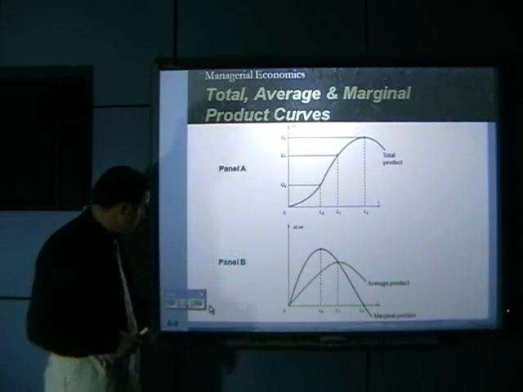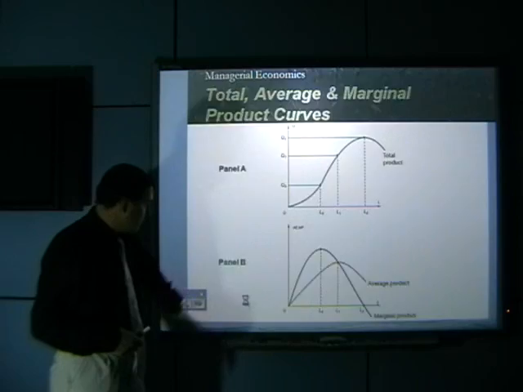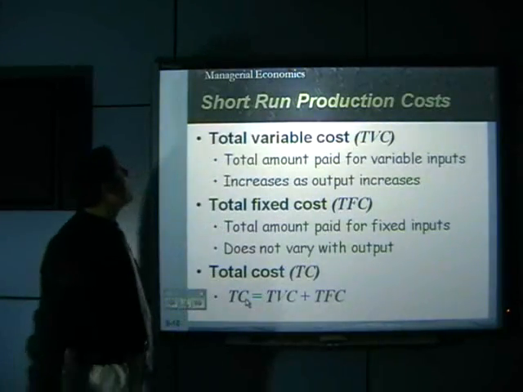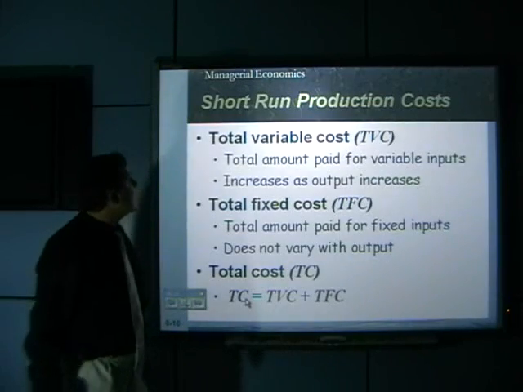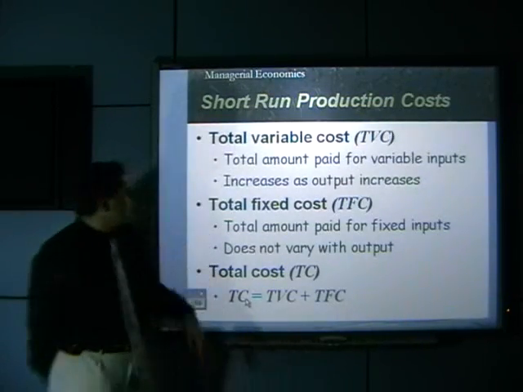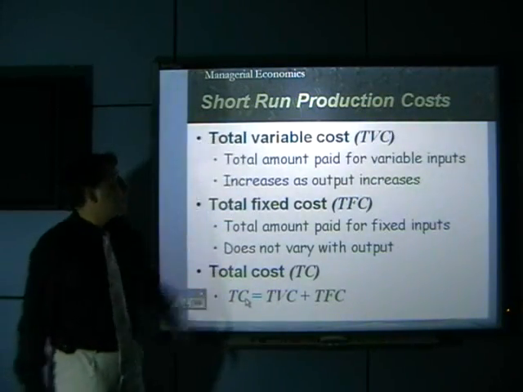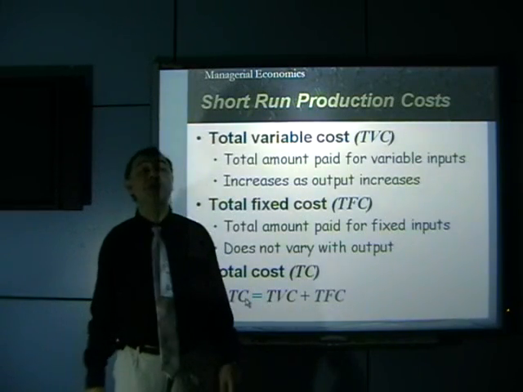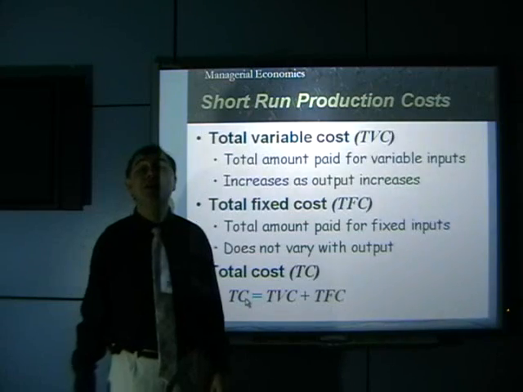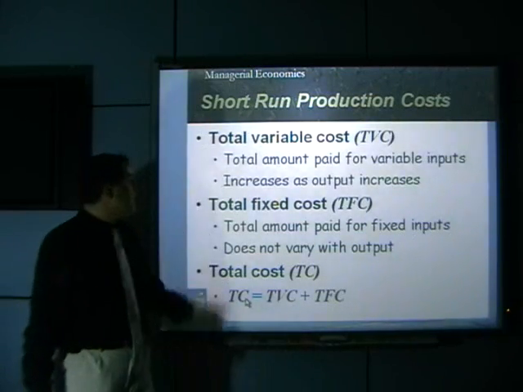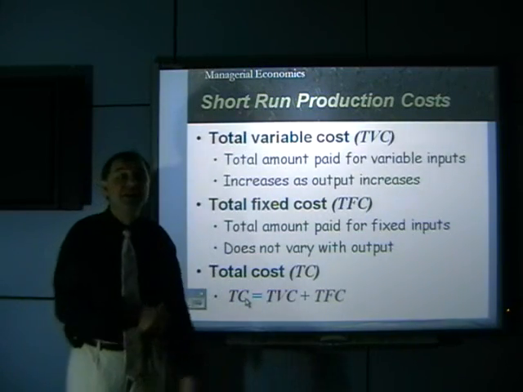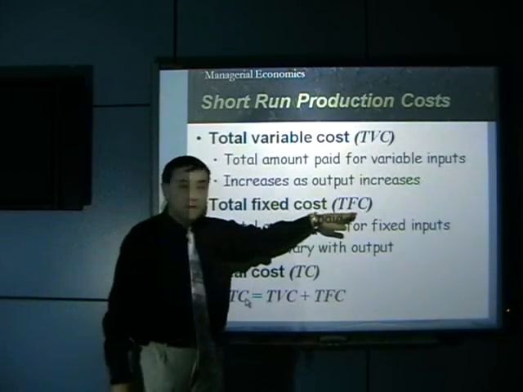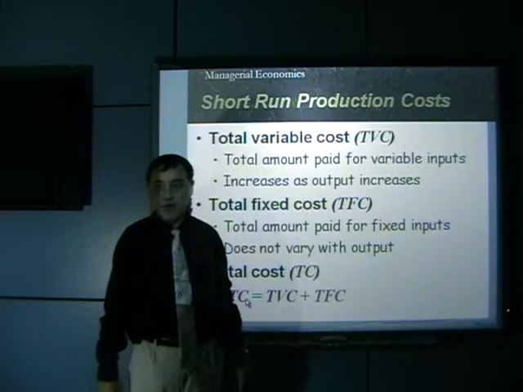Let's see how this works now. Oh, it's got to be a double tap, right? So, we divide costs in two. Of course, you get a total variable cost. Total variable cost is the amount or the cost of variable inputs. A very different way to think about it is the total cost minus the fixed cost. Alright?